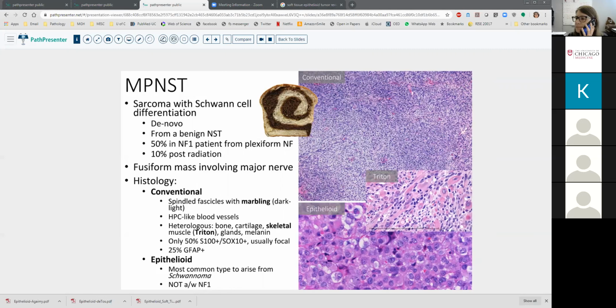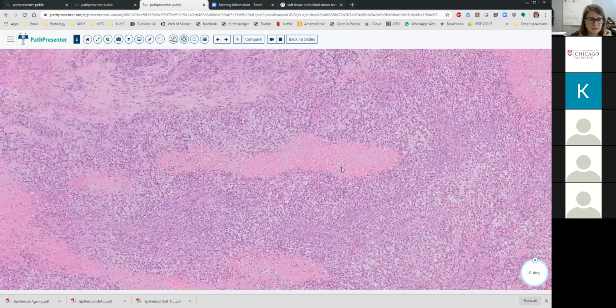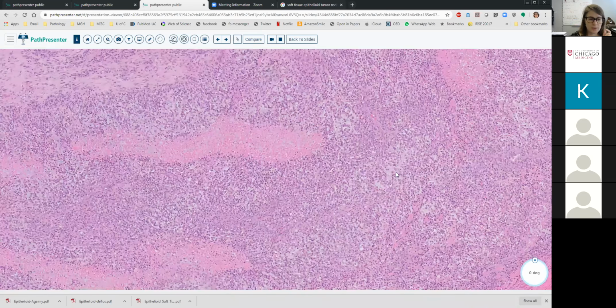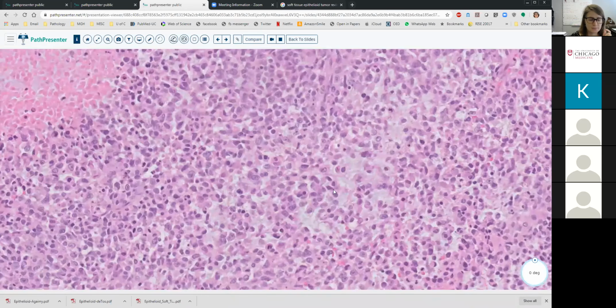All right, so what's different about this epithelioid mesenchymal neoplasm that distinguishes it morphologically from all the rest? Is there some necrosis? Is this mucin between the cells?